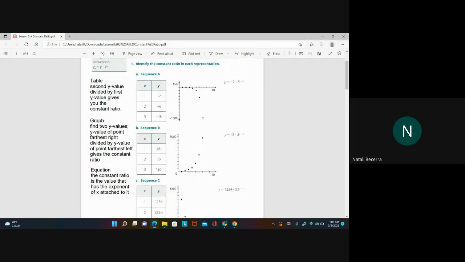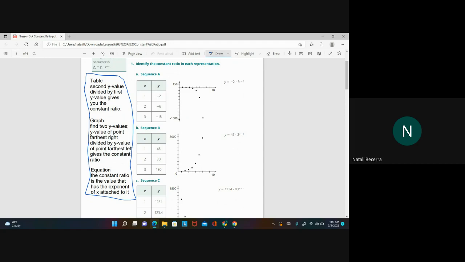All right, number 1. Sorry. It says identify the constant ratio in each representation. So Ms. Jimenez went ahead and wrote this down for us, which is really nice because it tells you how to find the constant ratio whenever they give you a table, a graph, and an equation.